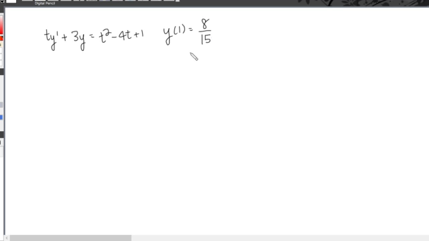Okay, so now we want y prime to be by itself, so we have to divide by t. And if we do so, we get y prime plus 3 over t times y is equal to t minus 4 plus 1 over t.